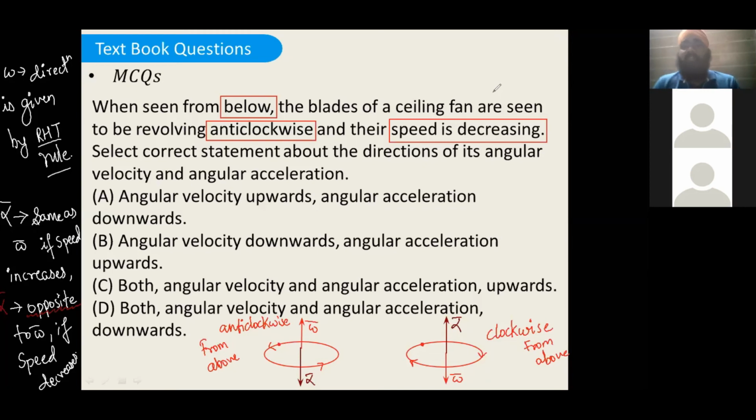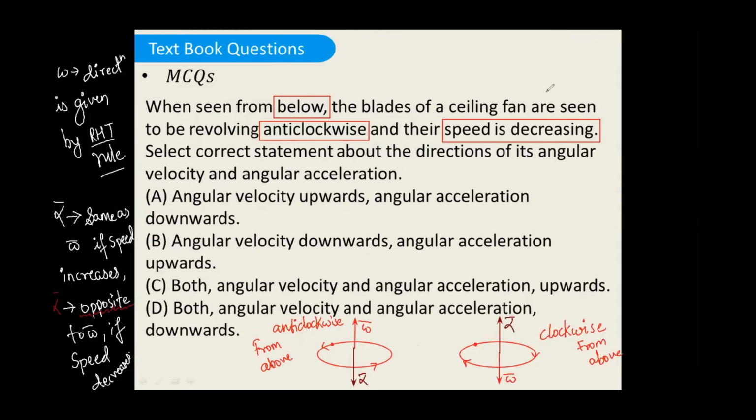Generally we observe from above. So whatever is observed from below, the above will be the opposite. If below is anti-clockwise, then above will be clockwise.